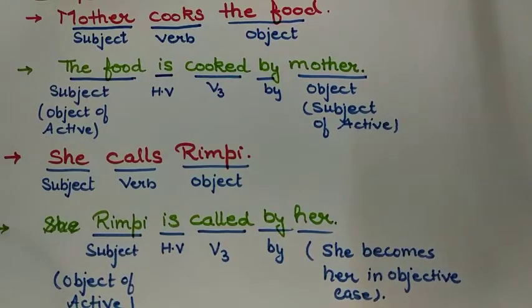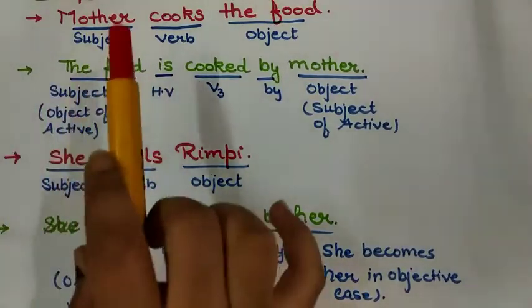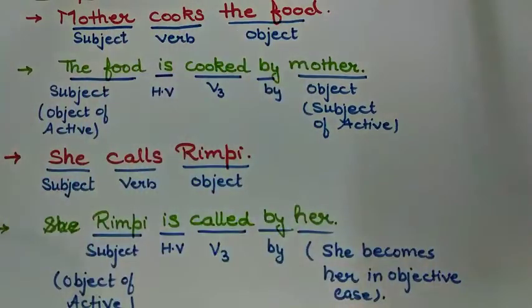So, here we go. The first one is mother cooks the food. In the beginning, I'll be using very simple examples. When you will be very sure and very clear about the tenses and usage, we will use some exceptional cases also.